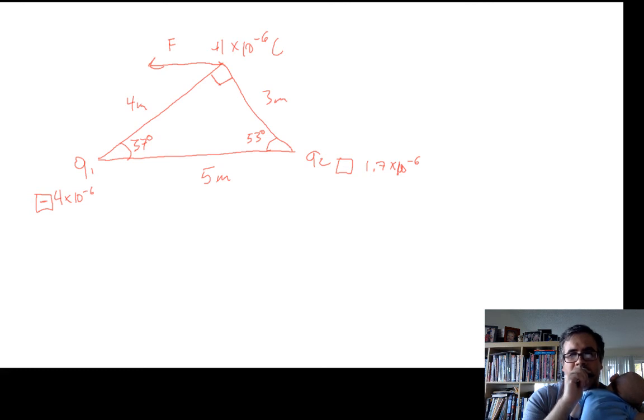Now, the question becomes what this is. If this is purely in that direction, then oh, so that has to be 53.